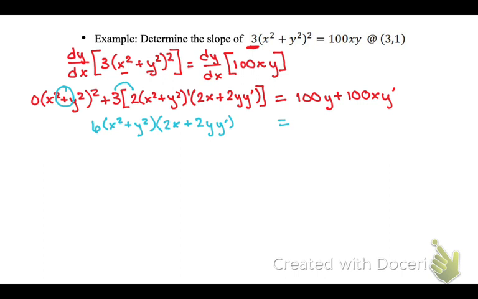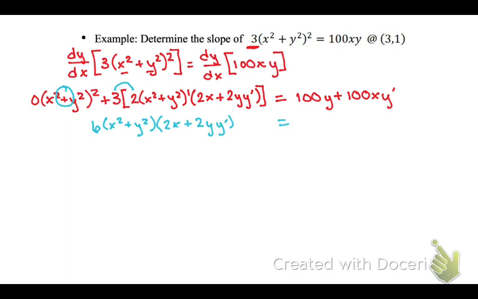So again, can I get this y prime out of there? Can I factor it out? No, because it doesn't work. So in order to be able to get to it, what do I have to do with all this first? Times it all by y prime. Well, I have to FOIL, don't I? Right. And this 6 will go with the x squared or the y squared. The 6 goes with the x squared and the y squared? Yep. Okay.